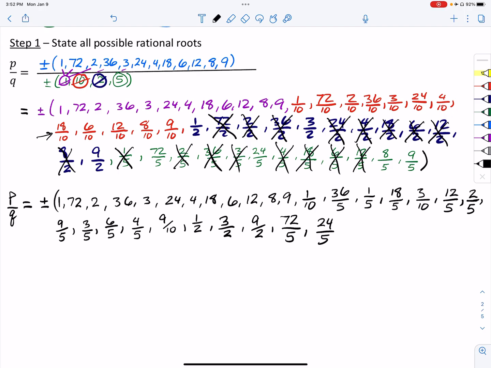What about 8/5? Okay, 8/5 I don't see. And 9/5, also a repeat.